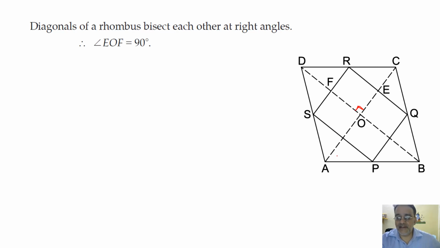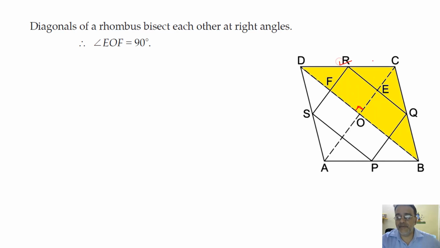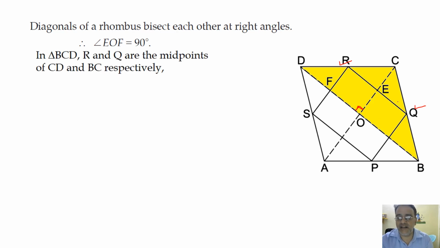Okay. Now we'll take triangle BCD. ध्यान से देखो BCD. This yellow color. R is the midpoint of CD and Q is the midpoint of CB. So by midpoint theorem, RQ is parallel to DB and half of DB. But we will take only RQ parallel to DB. And in place of RQ, we can write RE because it belongs to the same line.